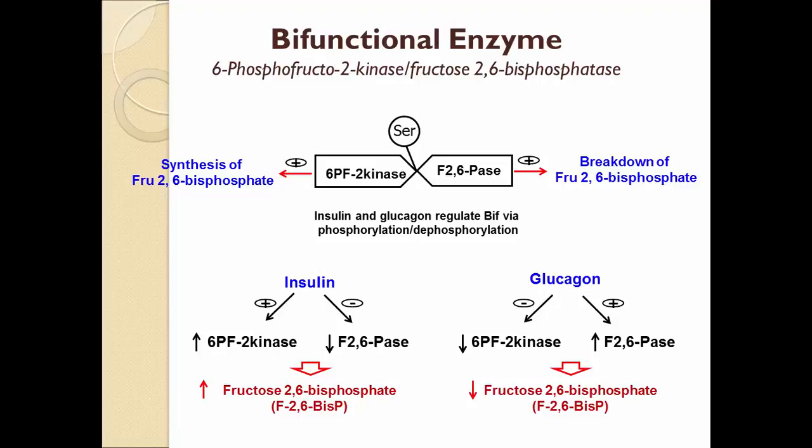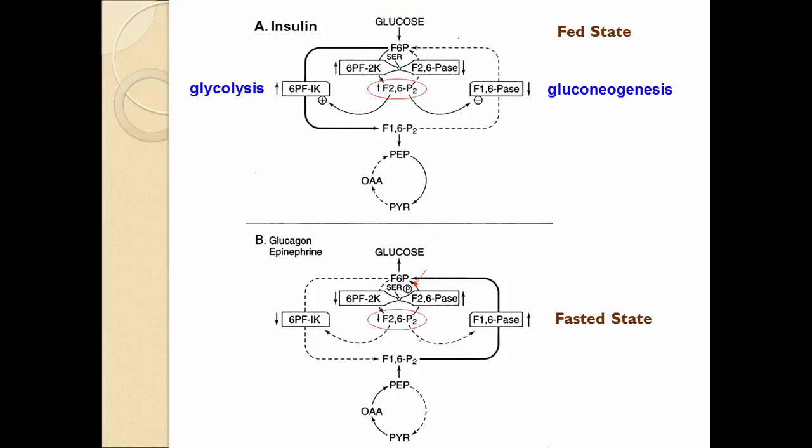And then we see how this substrate regulates these two key enzymes in the glycolysis and gluconeogenesis pathways, right? So if the key substrate concentration is increased, which happens under the fed condition stimulated by insulin, then this substrate can stimulate phosphofructokinase 1, the key enzyme in glycolysis.